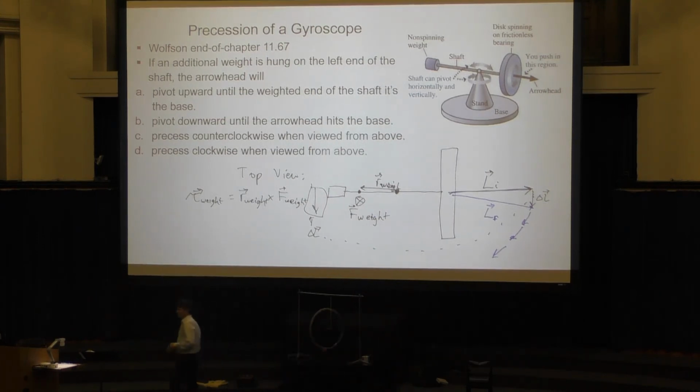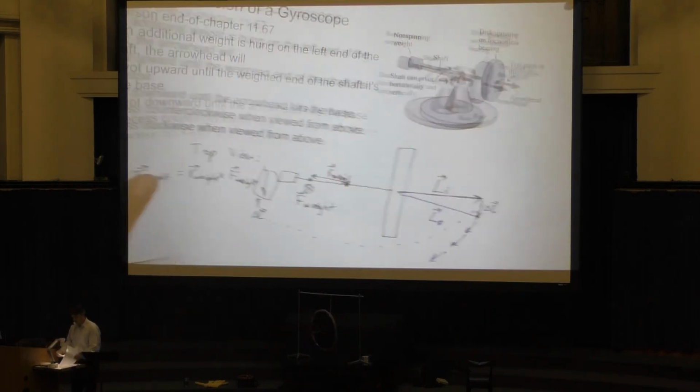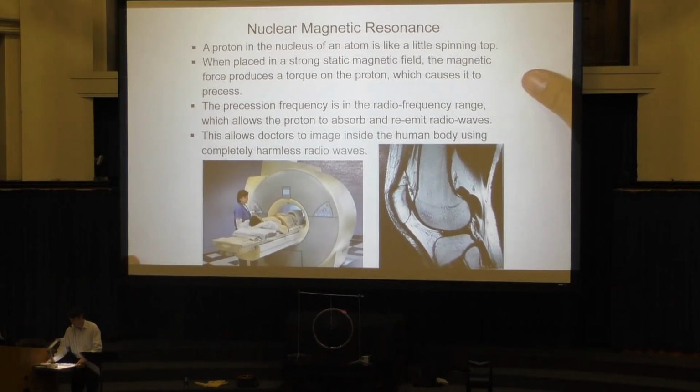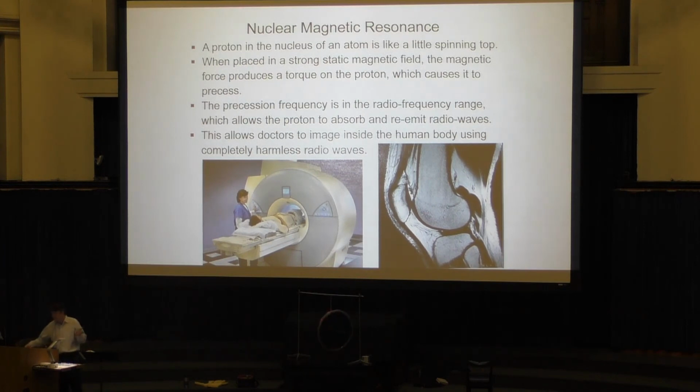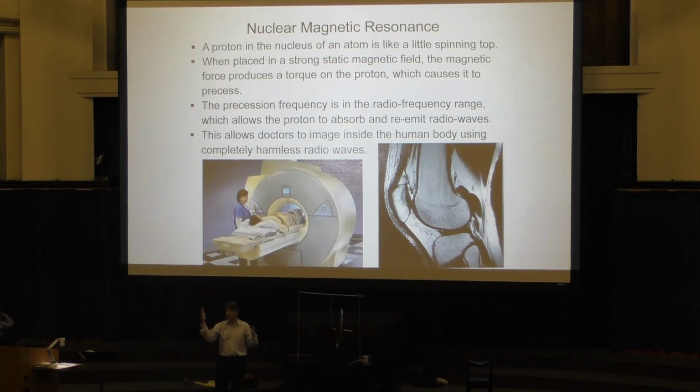You guys are very patient with me. I will mention that you may have heard of NMR. You go to the hospital and get an MRI. It's magnetic resonance imaging, so it's nuclear magnetic resonance. If you have a proton spinning, just like this, and you put it in an external, very strong static magnetic field, then it's like you apply a torque to it.